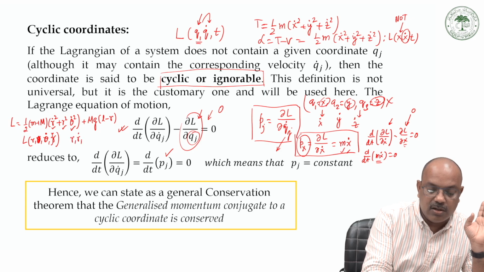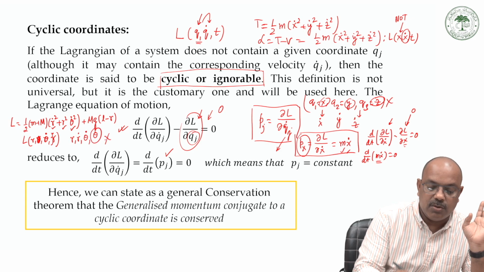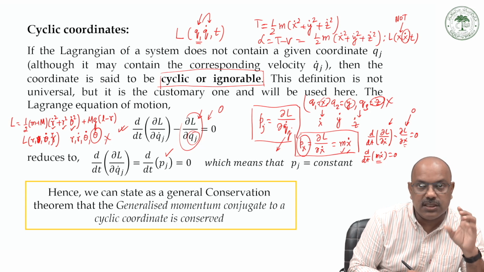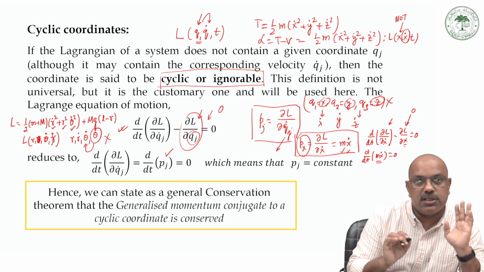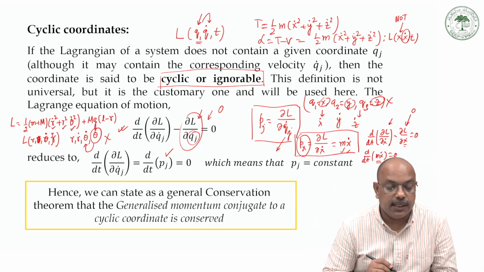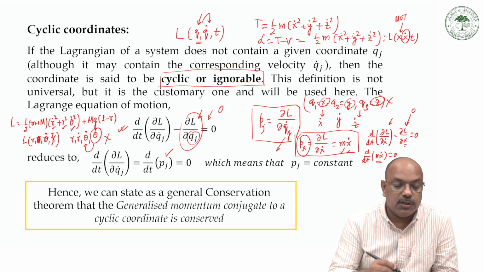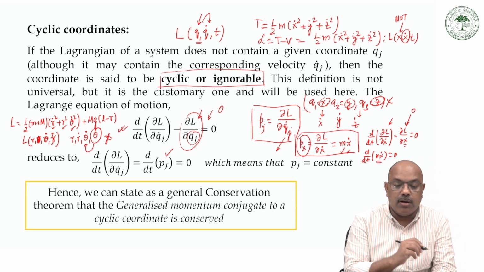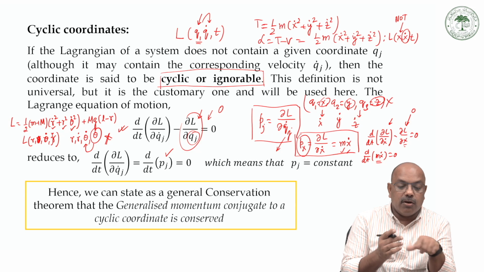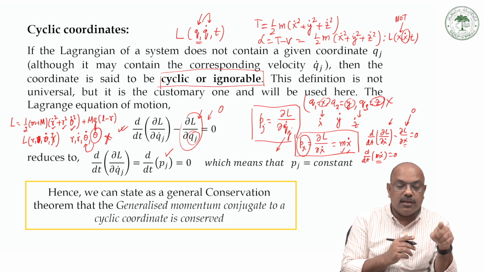R is there, r dot is there, theta dot is there, but theta is not present. So theta, being a generalized coordinate, is not present in the Lagrangian, but the corresponding generalized velocity is present. So theta is the ignorable or cyclic coordinate.